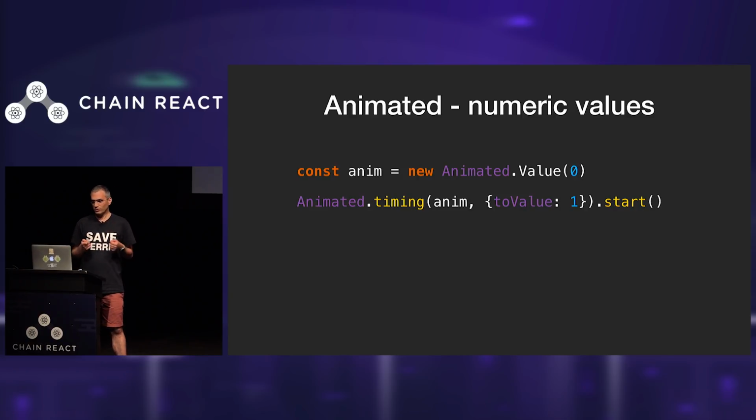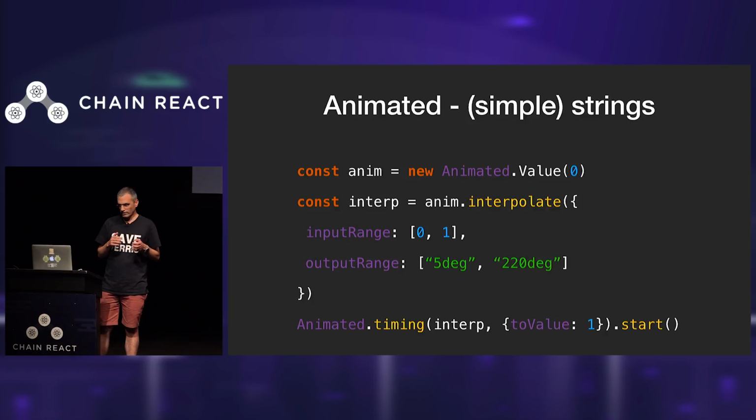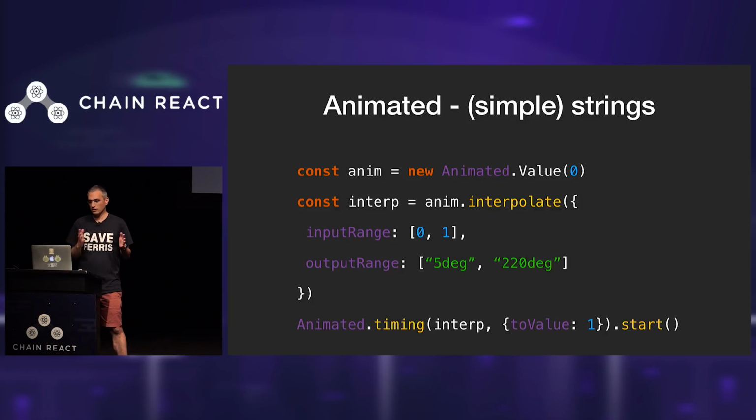We all know that in order to use Animated, we need to create animated values, those numerical values that we can animate from one value to another value. We can even animate string values by using interpolate. And it even lets us add some text to it, which the style sheet sometimes uses. As long as it's parsed right by a JavaScript parser, then it works.